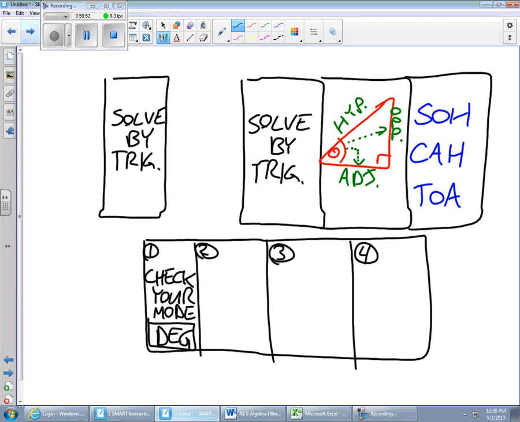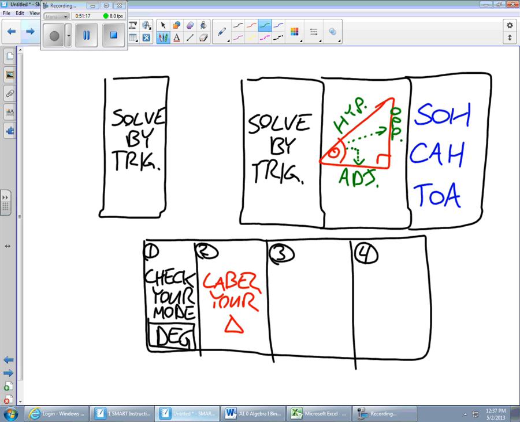Second step, label your triangle. Okay, that's just like the second panel from above. Let's label where is the hypotenuse, where is the opposite, where is the adjacent, and of course opposite and adjacent are going to change according to which angle we are calling theta.